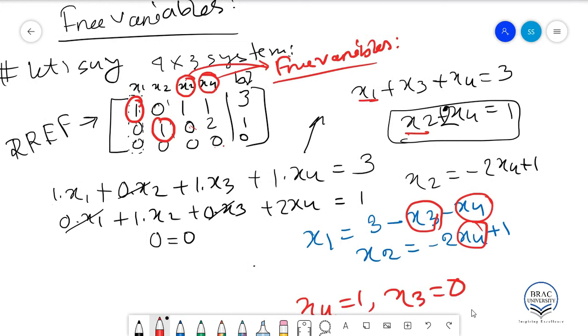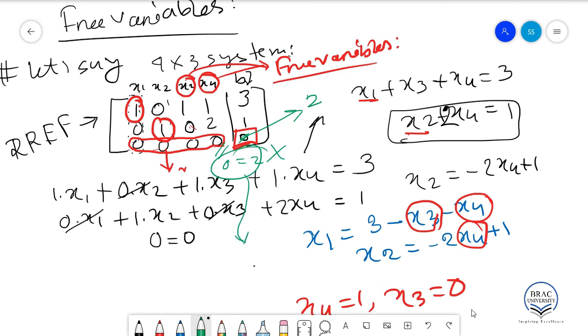And there is another catch here. You can see that this row, after the elementary row operations in the reduced row echelon form, is a 0 row, right? And here we also have a 0. But sometimes it could happen that instead of a 0 you have, let's say, 2, and this line would mean that 0 equals 2. This is not possible, and then you have inconsistency.